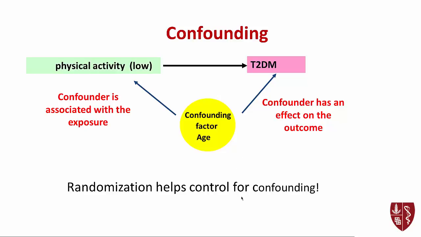In a randomized clinical trial, because you're randomizing who gets the exposure, we have the ability to balance the groups we're comparing with respect to this confounding factor. So by randomizing the intervention and who gets the different levels of physical activity, for example, we can make sure that the distribution of age is similar in the 3 groups.